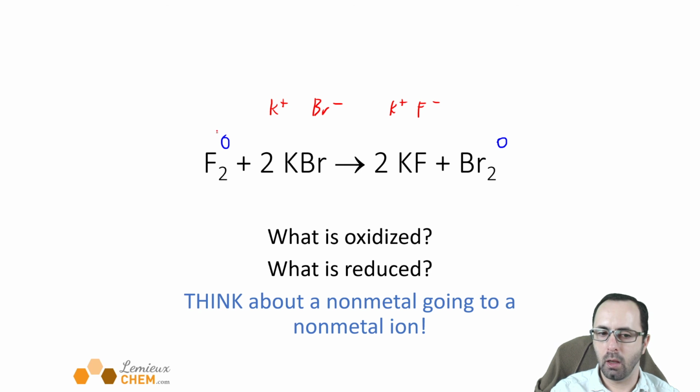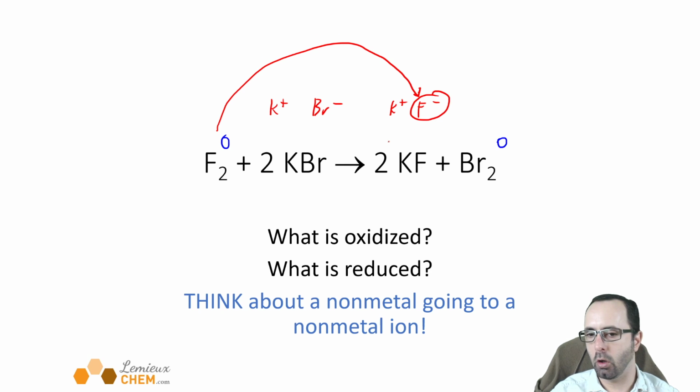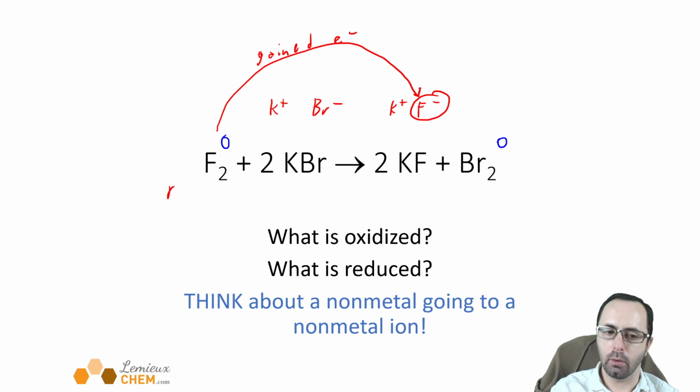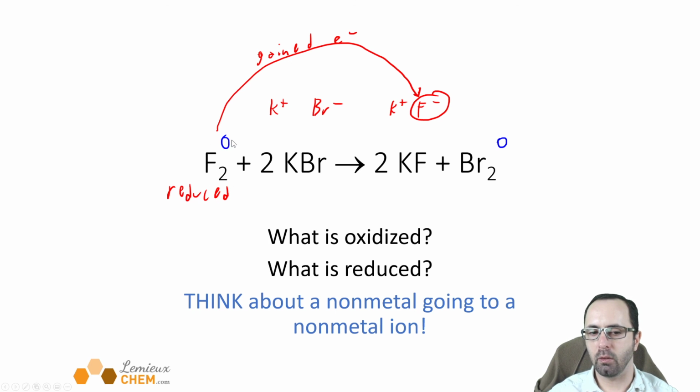So here, this fluorine went from being 0 charge down to being -1 charge. So this must have gained electrons. This was reduced. Or you can think of it as going from 0 charge down in charge to -1. That's reduction.